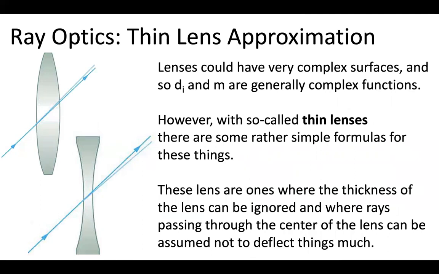So this is why there's an entire field of optics that we're not getting into. Just to get a sense of how things tend to work, we're going to work in what's called the thin lens approximation. This is a case where the geometry is relatively simple, and I can write down formulas that you can just use.